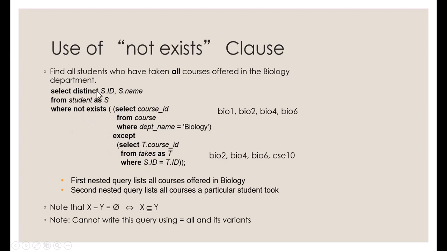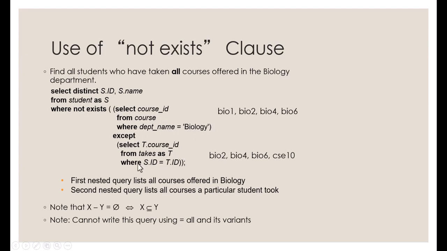Okay, so select distinct SID and SNAME from student as S, not exists. Not exists will return true if it's empty. We want this to be empty, right? So the parentheses following not exists, we have this outer parentheses, and within that we have a subquery. This first subquery will return all the courses that are offered in the biology department.